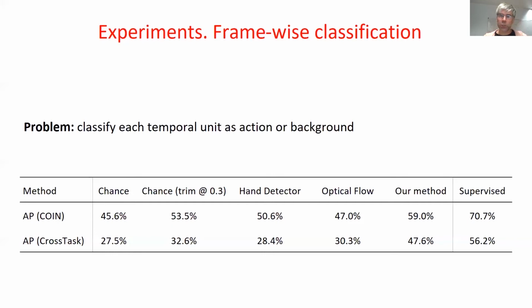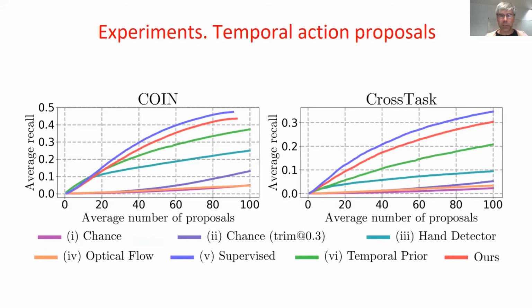We are using pretrained I3D features, which are also trained without manual annotation. First, we just predict frame-wise, so that the S function predicts yes or no for action or not action, given the annotation in the COIN and CrossTask datasets. The method was trained without annotation. COIN and CrossTask, of course, have annotation of very specific actions.